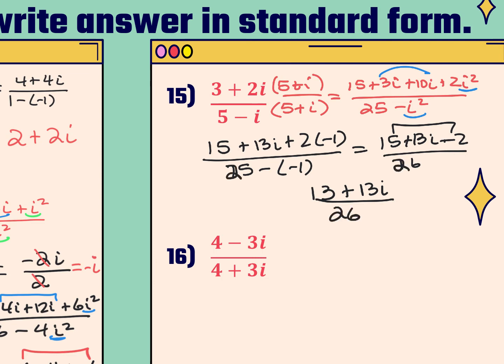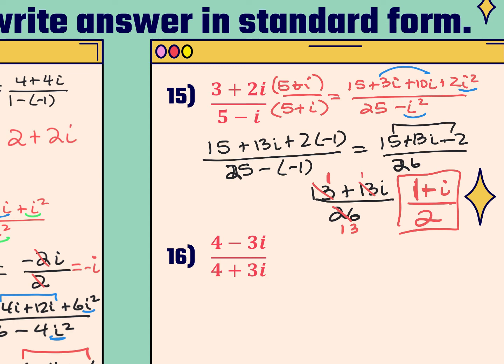And now I can simplify. I can divide everything by 13, and I'm left with 1 plus i over 2. Remember, when you simplify, that 1 is left behind.